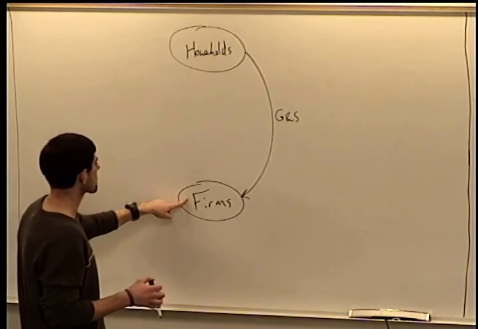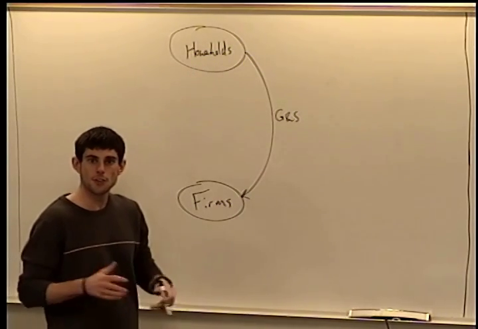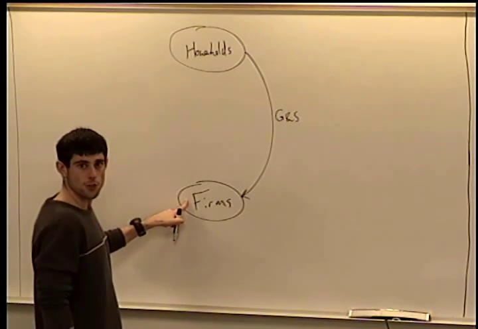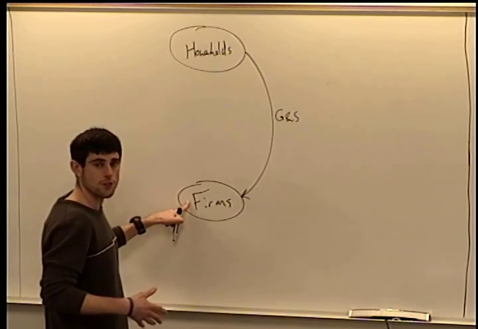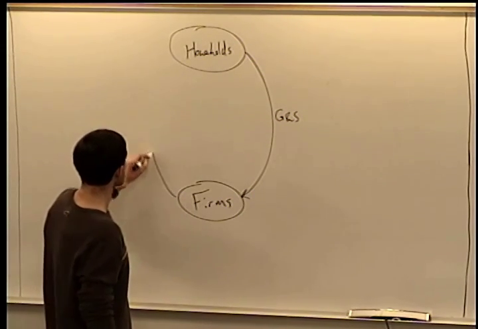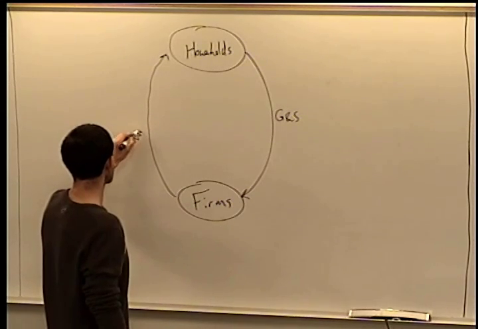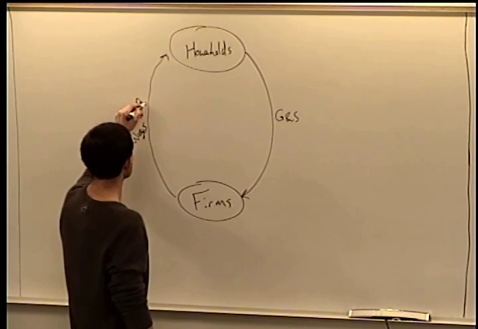How about firms? Do firms give money to households? The answer is yes. Drake University, which we would consider a firm, is producing education, right? But I work for Drake University, and I'm getting money in terms of wages and rent.